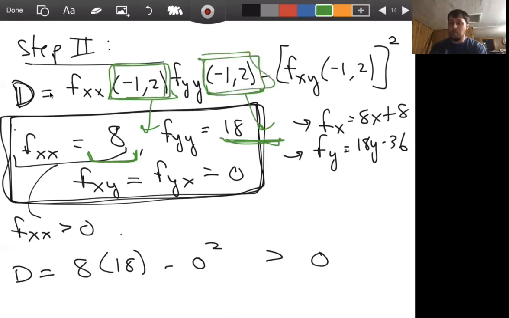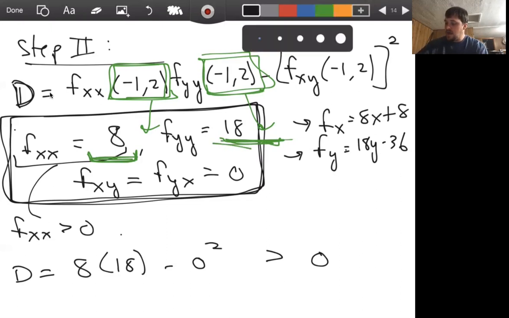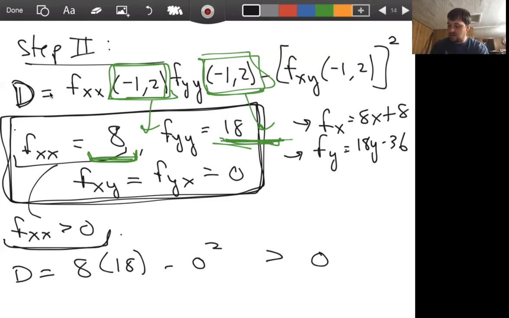But we notice for this one, they're constant, and so we don't need to plug in the point. So this was step 2, and we calculated the discriminant, and we got that it was positive. And we also learned that the second derivative with respect to x twice is also positive.